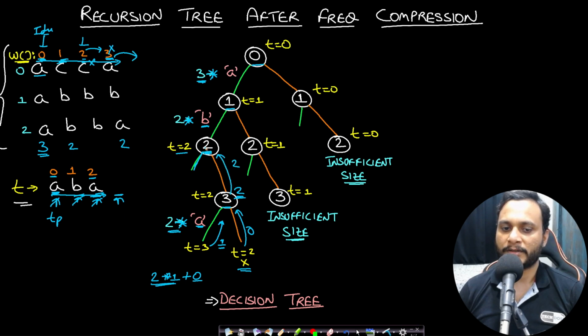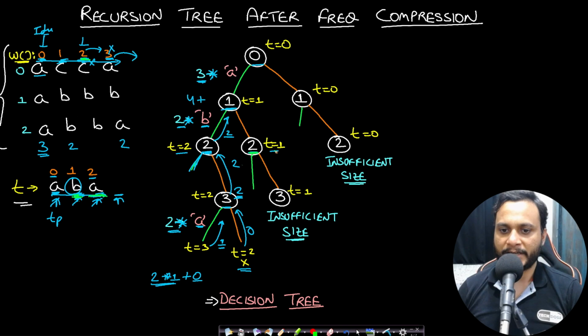So at this point, there was no match. Okay, so this will be returning 2. Now at this one, we will have a value of 2 into 2. That means 4 plus. If you do not match at this point, then I will go to the second column and I want to match this B. Now if I have to match at index T, the target position number 1, which is B, then at this 2, I have the frequency of B to be 2.